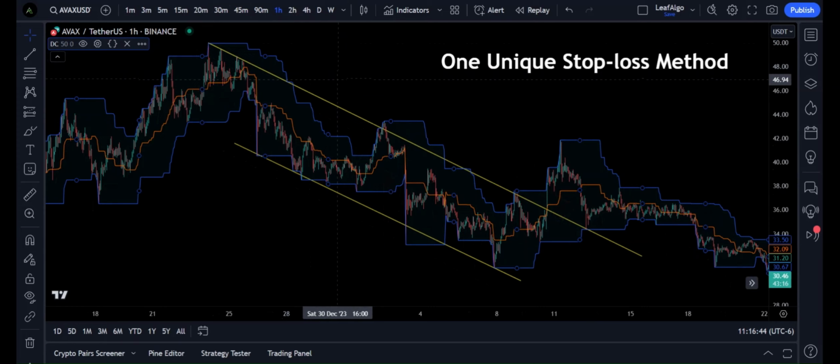The final methodology that I want to show you for setting a stop loss is by using another indicator. I'm a big fan of indicators. They have lots of different use cases, but in this case, we are going to use a Donchian channel. A Donchian channel is an indicator that produces three lines. The first one being this one, which is the highest high over a given period.